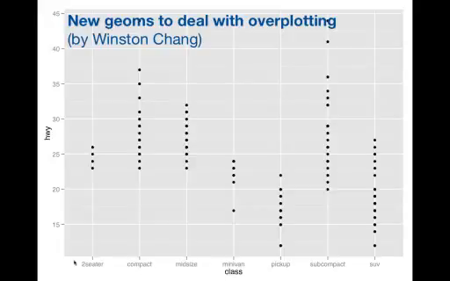On the x-axis, I've got the type of car, two-seater, compact, and so on. And on the y-axis, I've got the highway miles per gallon. So you can see there's a discreteness in this highway variable. It's rounded to the nearest integer. And so one potential peril here is that we can't tell if there's 1 point here or if there's 10 points, which is potentially very important if we want to interpret this graphic correctly.